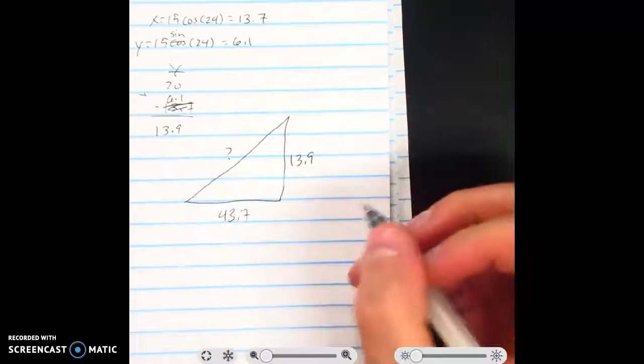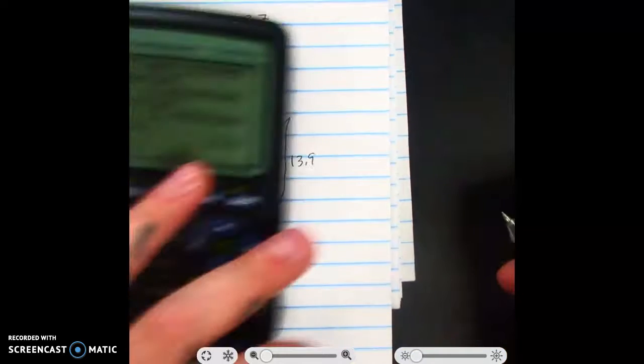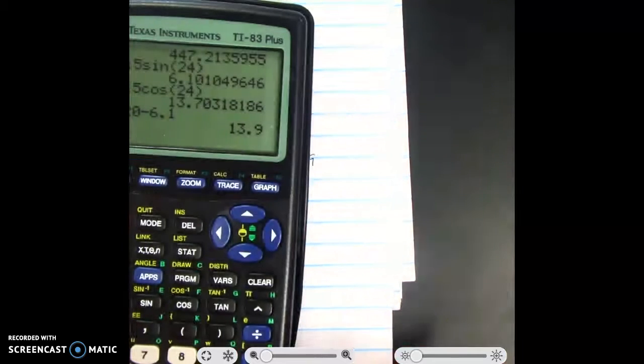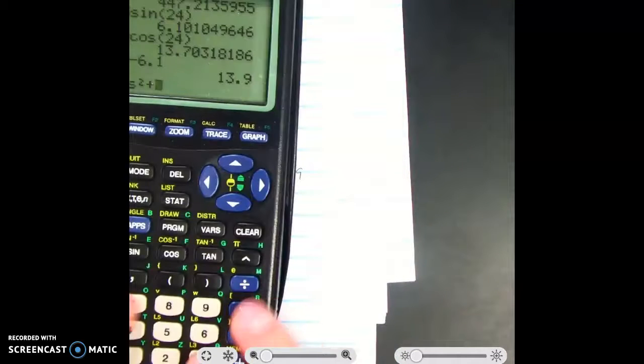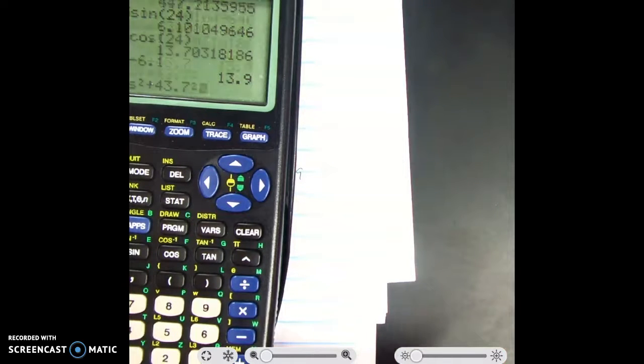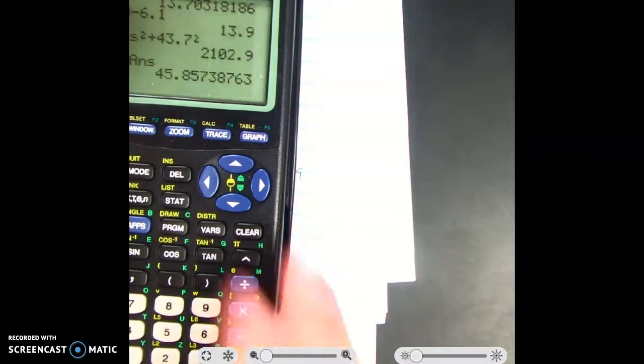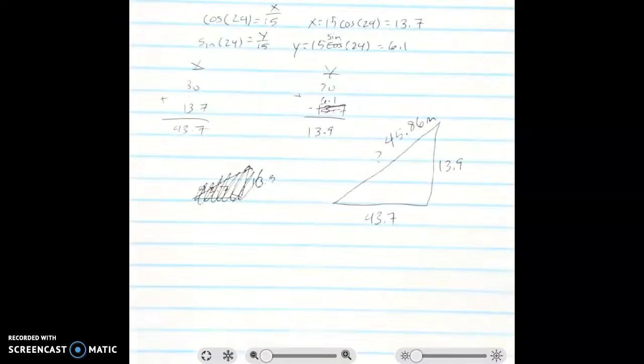So find this. So once again, little Pythagorean Theorem. So 13.9 squared plus, what did I say, 43.7 squared. Square root it. And you get 45.86 meters.